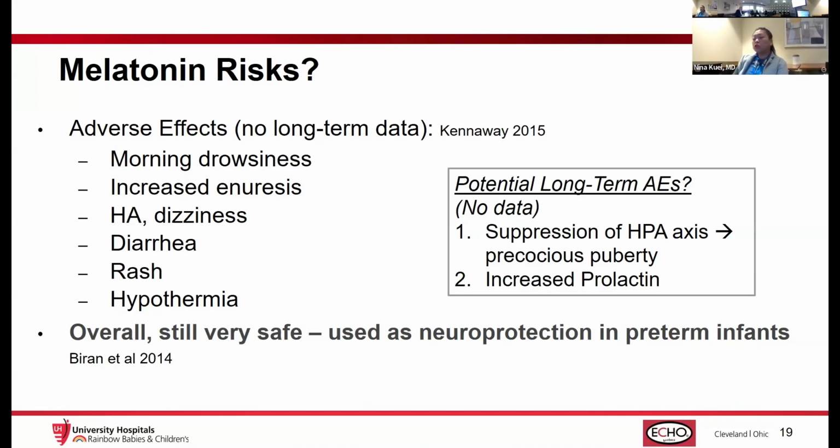And then potential long-term adverse effects, again, no data, but potentially because you're acting on the adrenal glands, we talked about how it decreases hyperarousal, you could have suppression of the HPA axis and feedback loops, and that could potentially propagate or induce precocious puberty. There's also a risk of potentially increased prolactin because of the HPA axis feedback loops being disrupted.